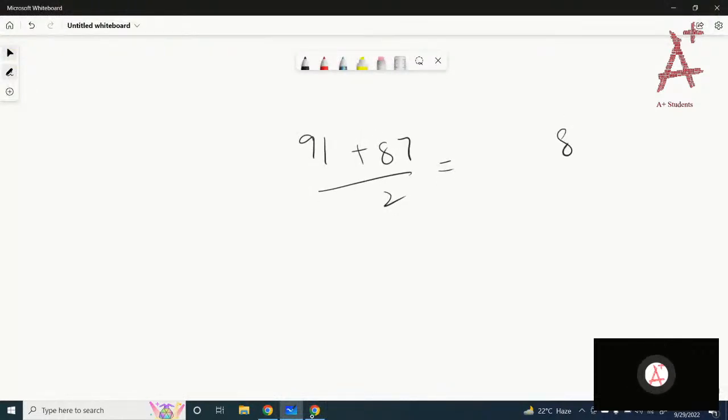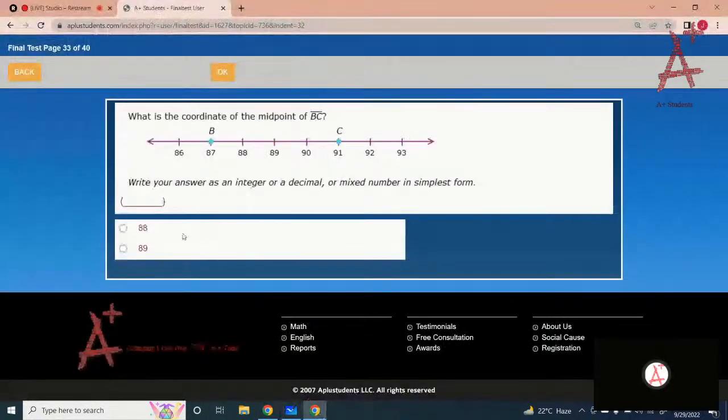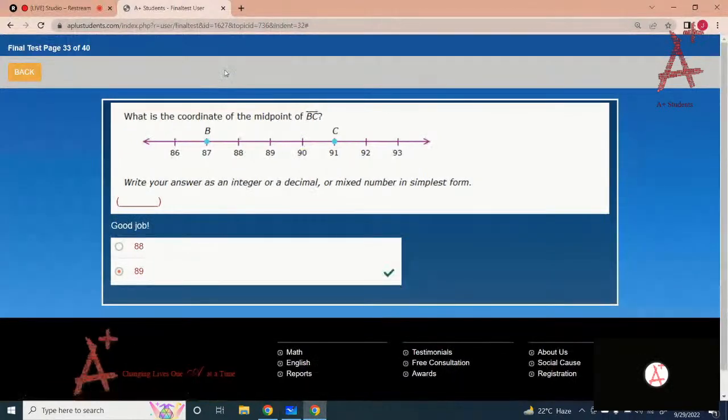So 178 divided by 2 is 89. Got it? So the midpoint is 89. Select the correct option and click on the OK button.